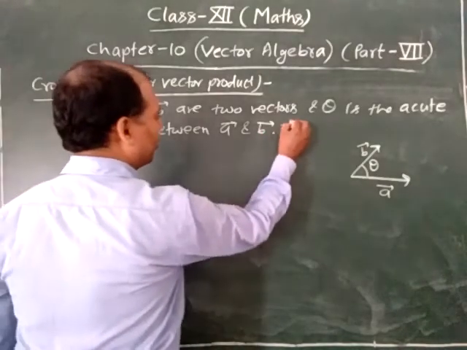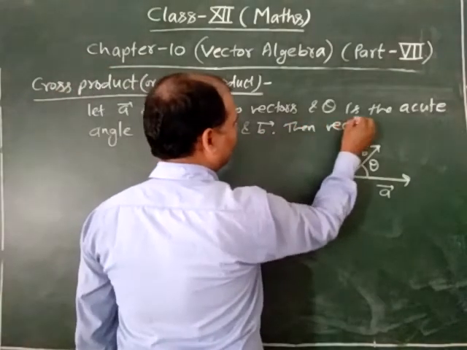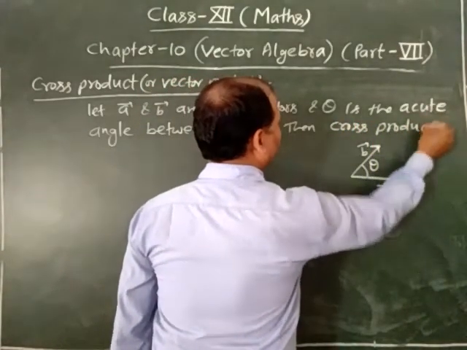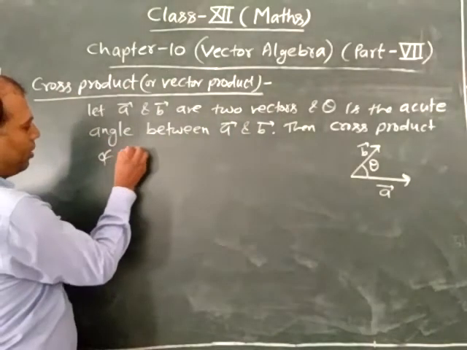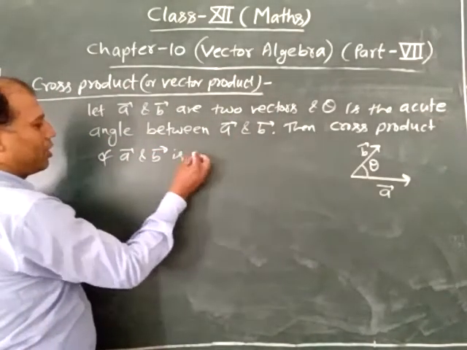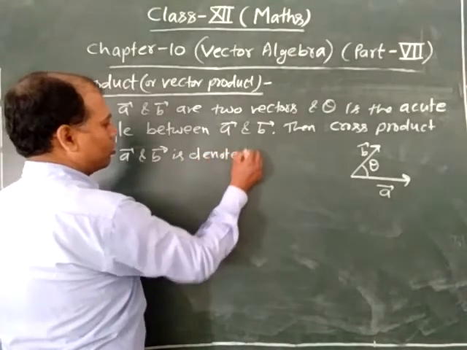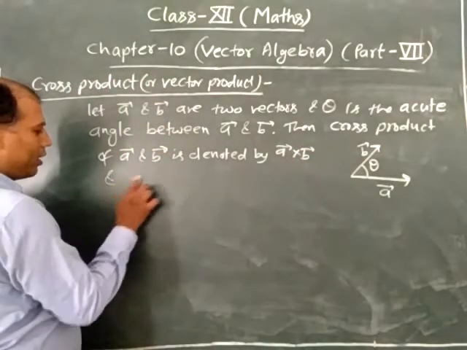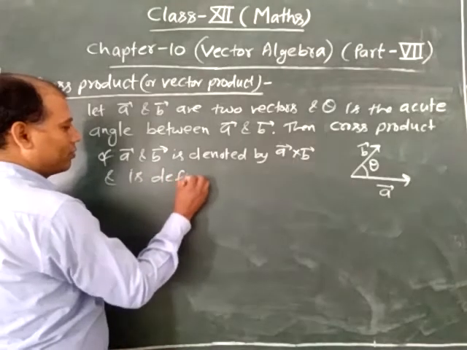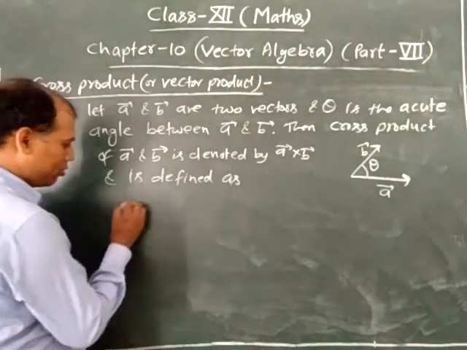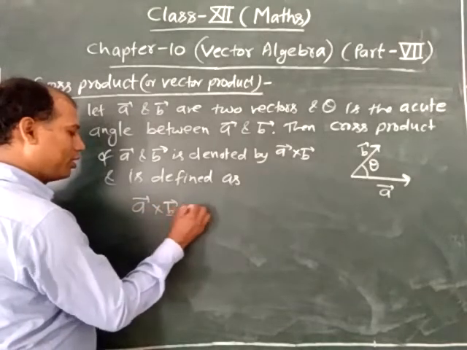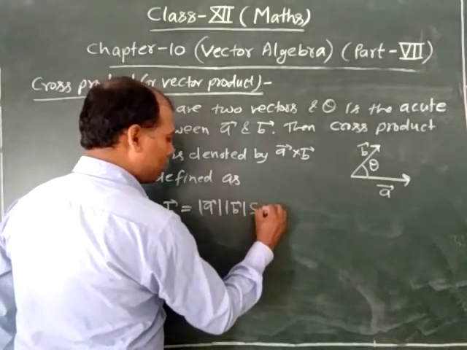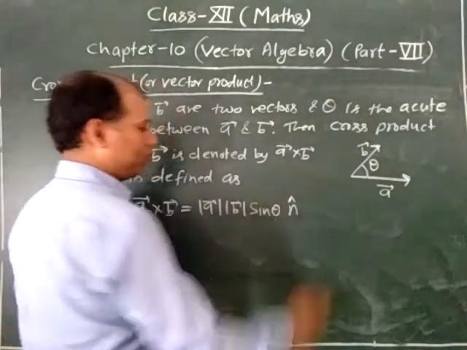Then the cross product of vector A and vector B is denoted by A cross B and is defined as A cross B is equal to modulus of A modulus of B sin theta n cap.